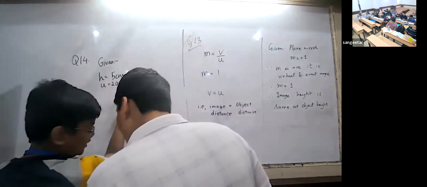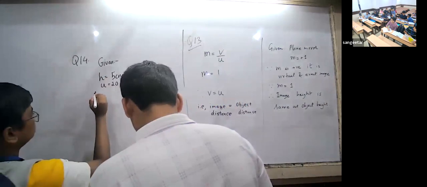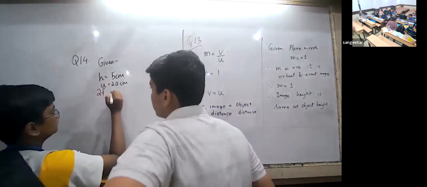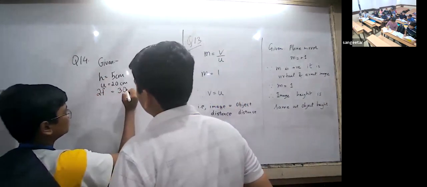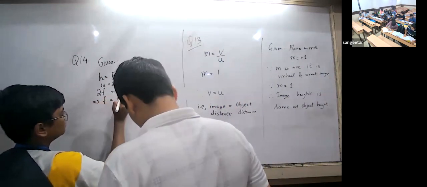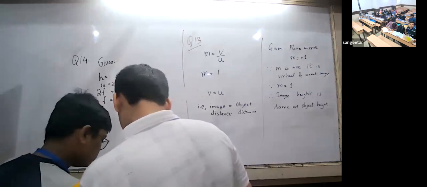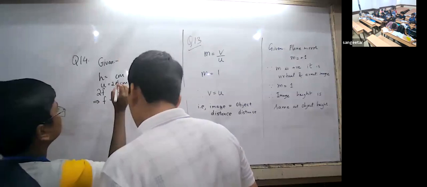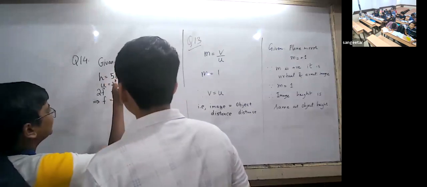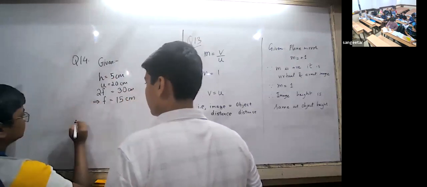Question number 14 is an object 5 centimeter in length. क्वेश्चन नंबर 14, ऑब्जेक्ट को 5 सेंटीमीटर लिखो. वही क्वेश्चन है ना? नहीं, दैट इज द नेक्स्ट क्वेश्चन 7.